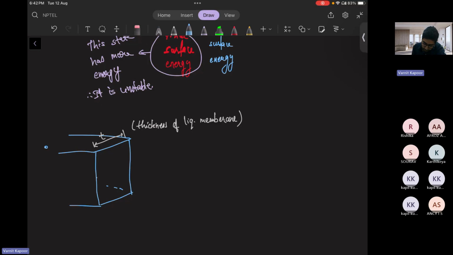And obviously there will be fluid particles, and there will be a surface tension force, sigma.